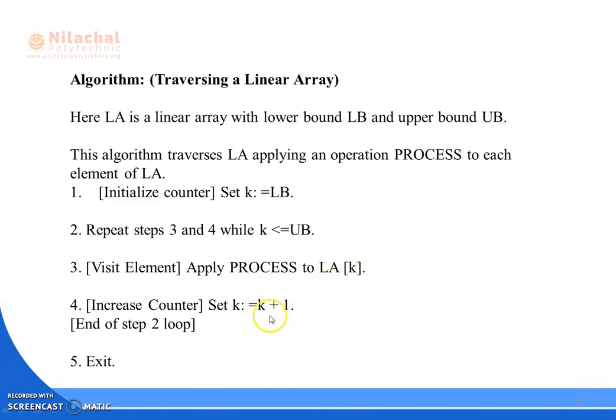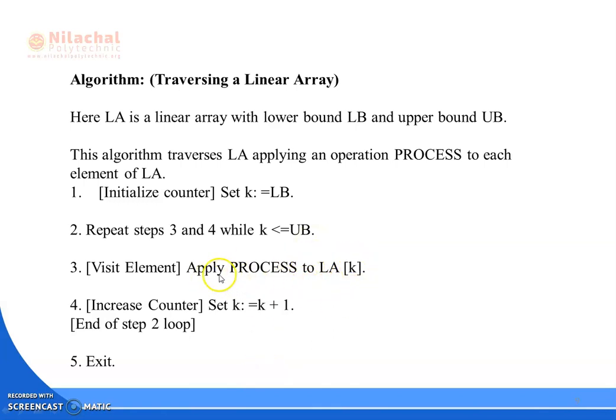Next, the index number will be increased by 1; the k value was 0, now it will be 0 plus 1, that is 1. So here I have to repeat steps 3 and 4. Next I will check: is 1 less than or equal to 2? Yes. Then again we will be visiting LA of 1.